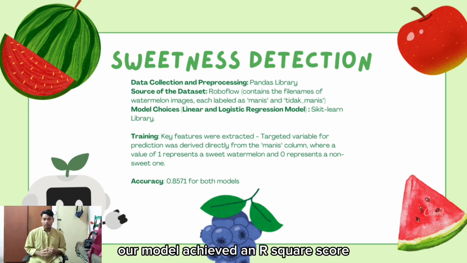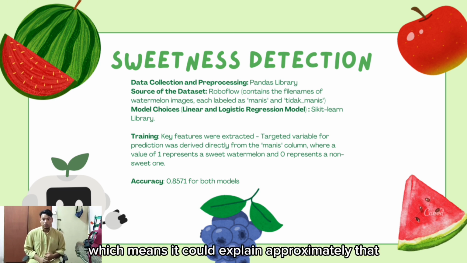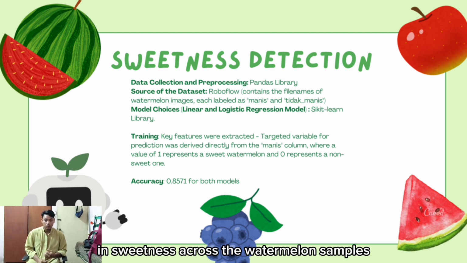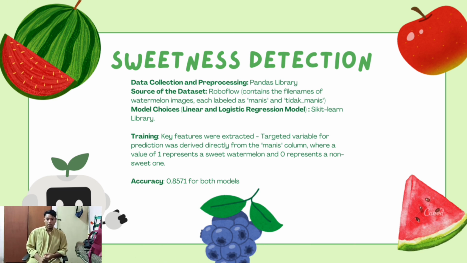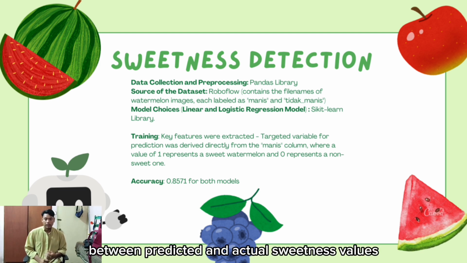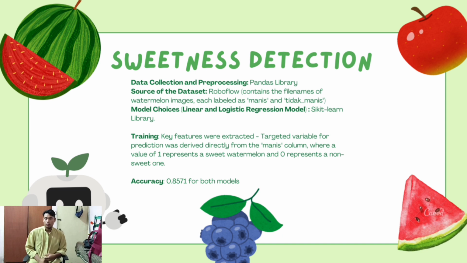Our model achieved an R-squared score, which means it could explain approximately that percentage of the variation in sweetness across the watermelon samples. The mean absolute error indicates the average difference between predicted and actual sweetness values.